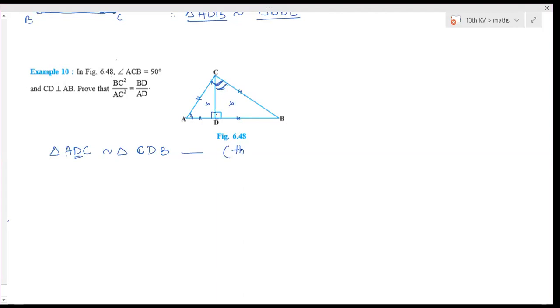Or the triangles on opposite sides of the altitude. And then take the ratio: AD by CD is equal to CD by DB is equal to AC by BC.